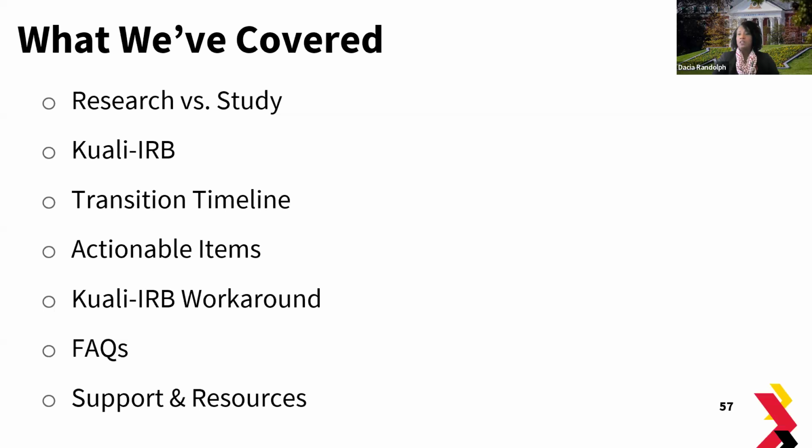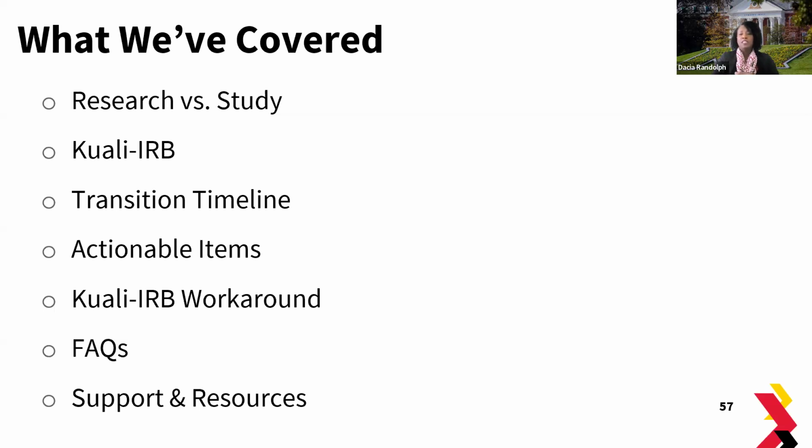And that was noted. There was a call to action for things that you as PIs can do and should do now. And there was a reminder to submit any initial IRB projects by noon on December 20th into IRBNet so that they can be captured and be considered active going into the rollout of Kuali-IRB.